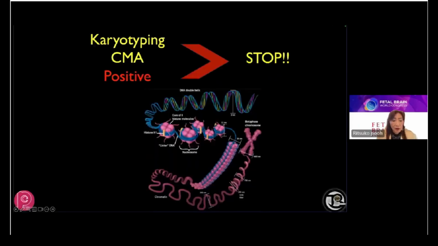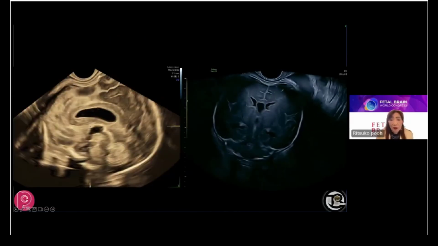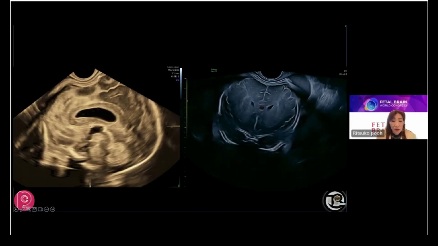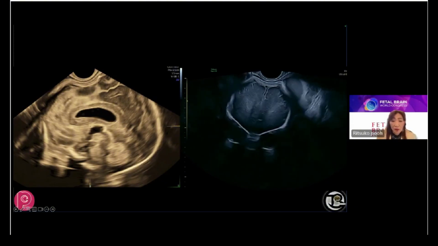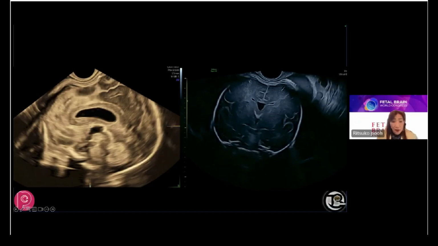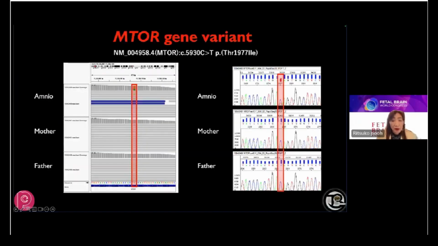Usually, if the chromosome microarray is positive, we don't go for exome sequencing. However, I didn't think that those brain findings were due to the 15q microduplication, so we did not hesitate to go for WES. And the result of the WES was a de novo mTOR gene variant.